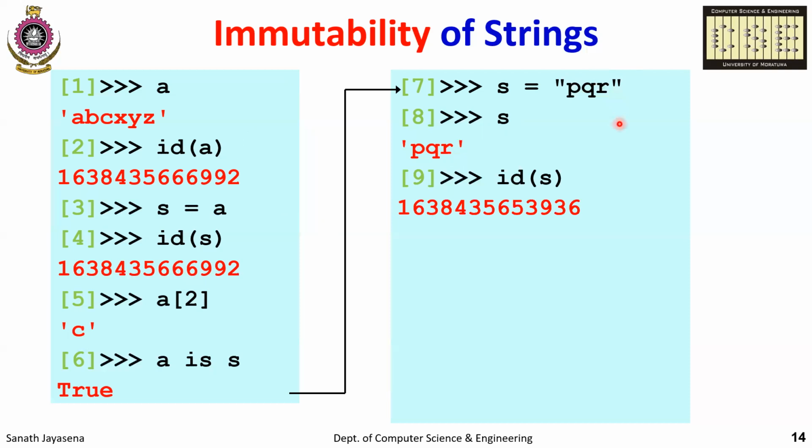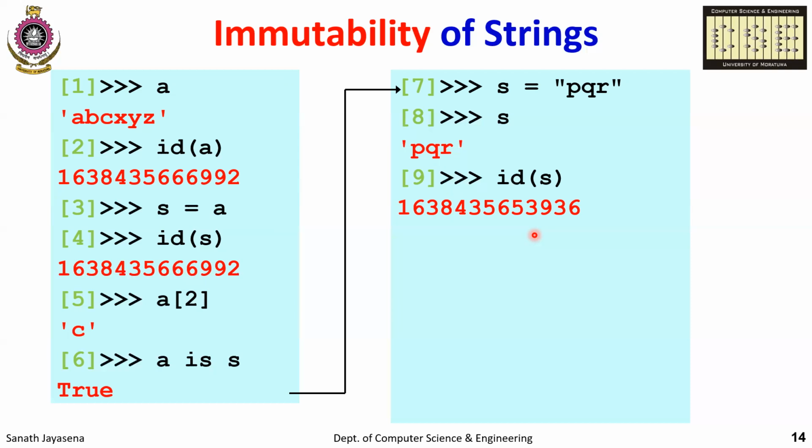That's similar to what we saw in the integer case. That's what it proves here, a different identity. Maybe we can stop there and say the same explanation as for integers applies, and it indicates that strings are indeed immutable, because it doesn't allow us to change the string.